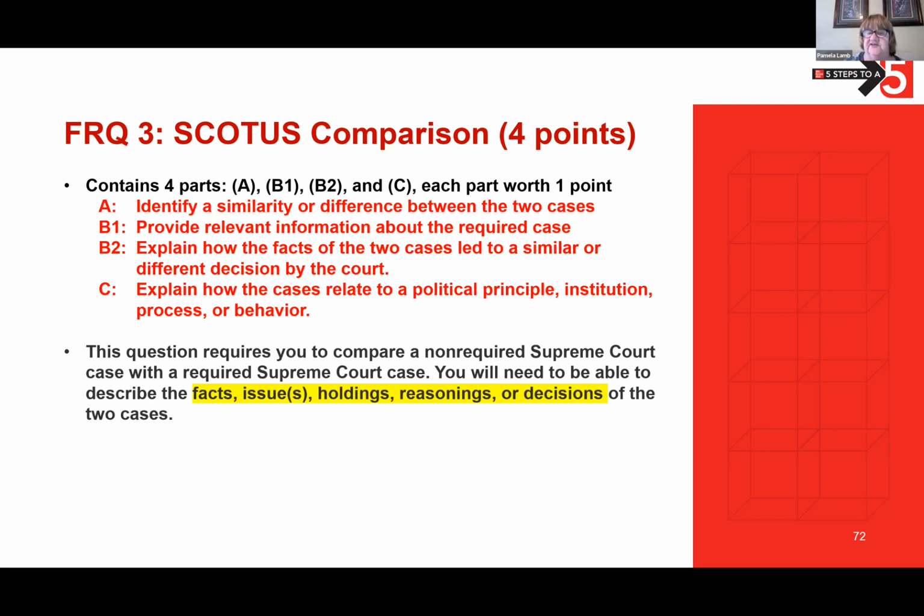Board, and Hernandez v. Texas was segregation in juries, in the court system. And if students put due process and equal protection of the 14th Amendment, they did not get the credit. They had to have equal protection, that terminology, and that terminology only.